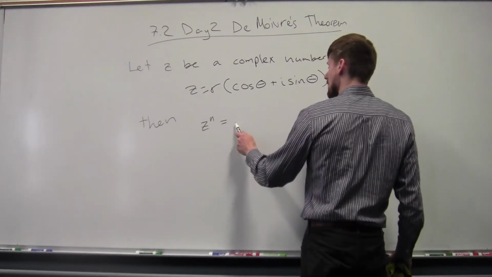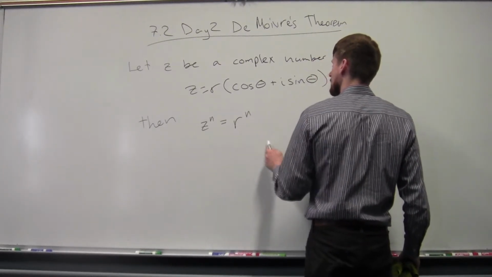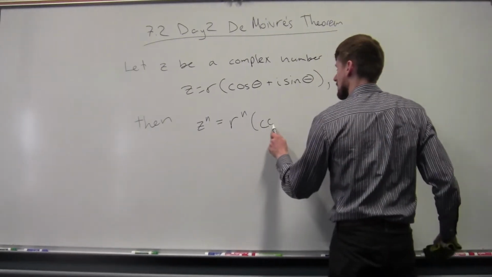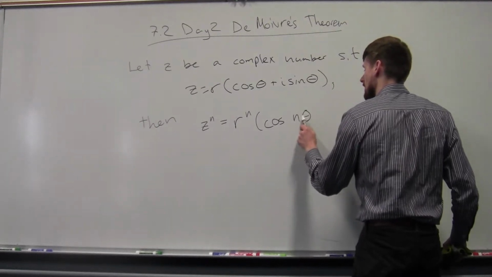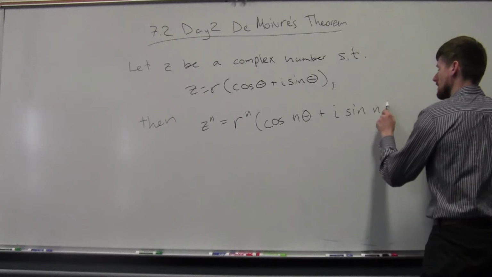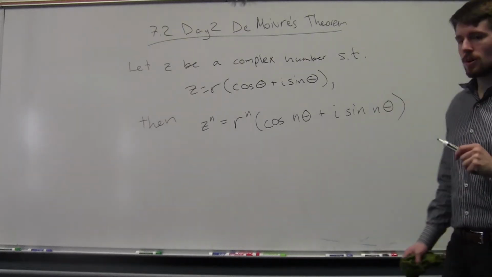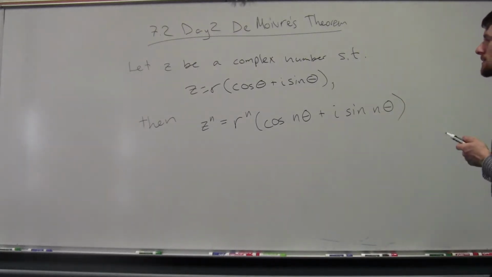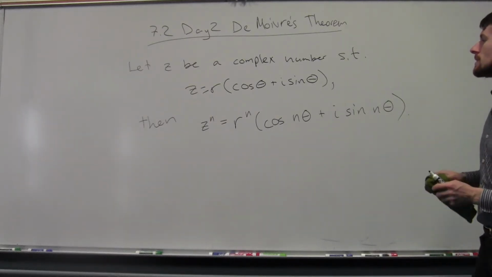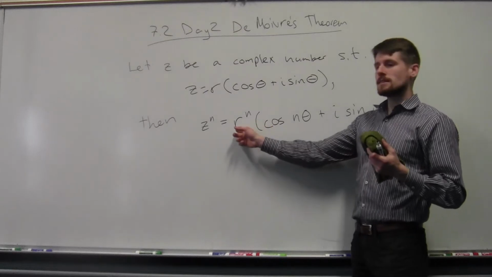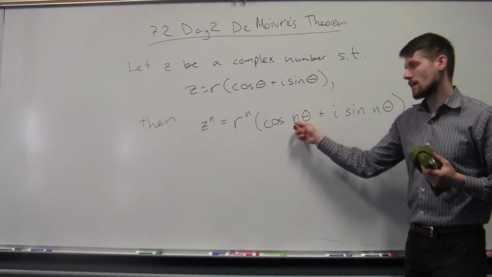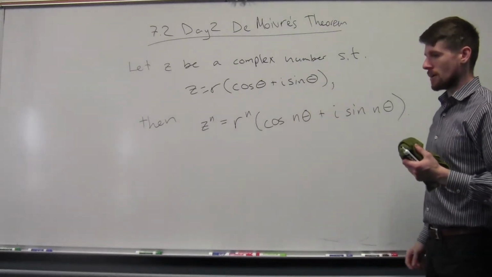Then if we raise z to a power n, we get r to the n, and then cosine of n times theta plus I sine n times theta. So if we look at the impact of raising the complex number to a power, it says raise the distance to that power, multiply the angle by that power.